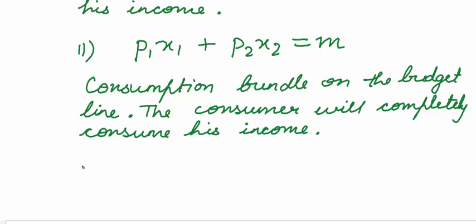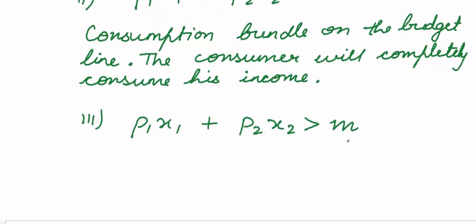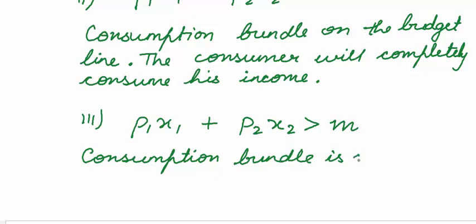The last case could be P1x1 plus P2x2 will be greater than the income of the consumer. In this case, we can say that the consumption bundle is not affordable. All these points of x1 and x2 will lie outside the budget line.